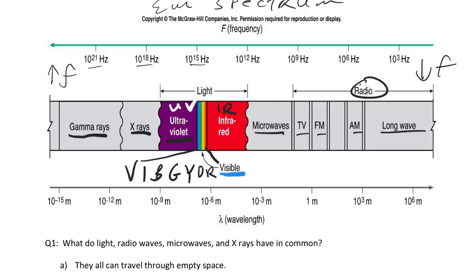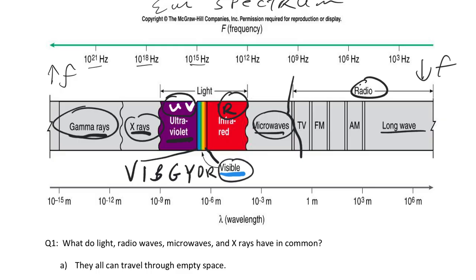Okay, so you need to know the order of these categories that I circled. So radio, microwaves, IR, visible light, in that order that I gave you, UV, X-rays, and gamma. Backwards order of those would be, as they're shown here, from high frequency to low frequency.